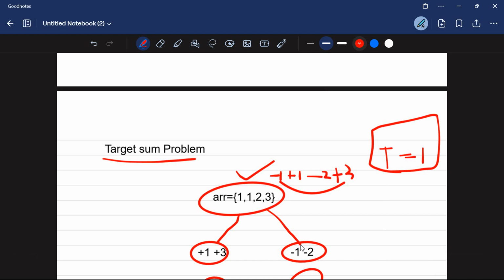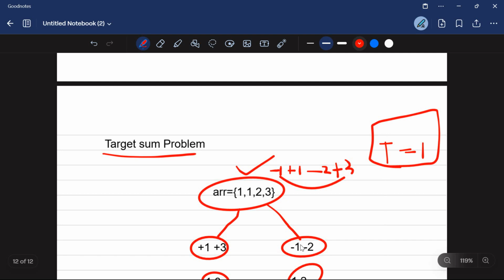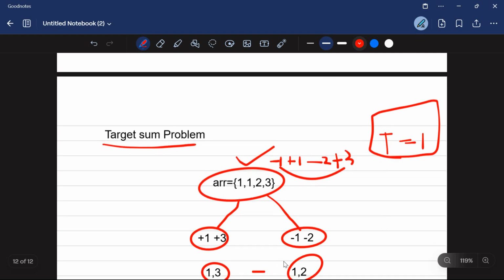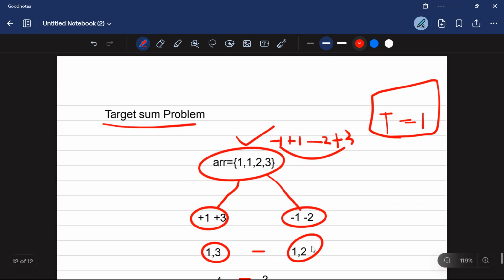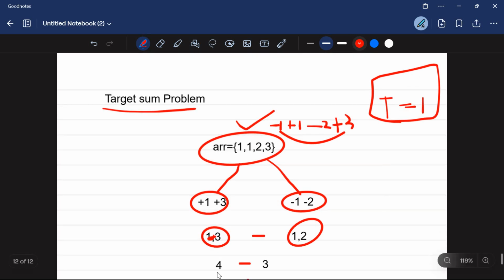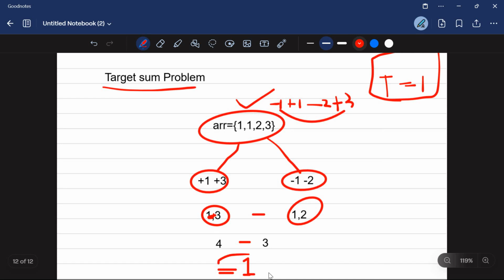After that, on the negative side, we take the minus out from this side, and on both sides we make the integers positive. Here 1 plus 3 is 4, and 1 plus 2 is 3. The answer is 4 minus 3, which is 1.